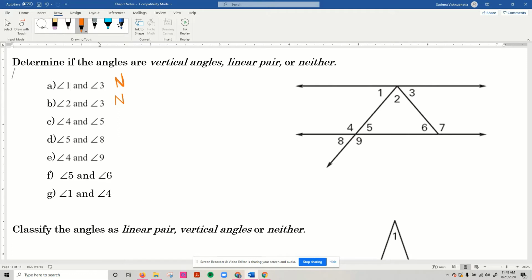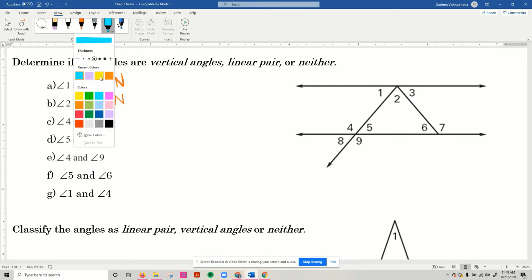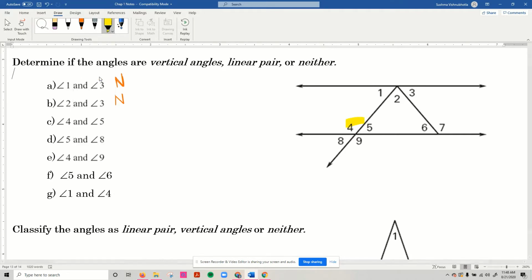Okay. 4 and 5, angle 4 and angle 5. These are a linear pair. Because they're on this straight line, so they meet the conditions to be a linear pair.